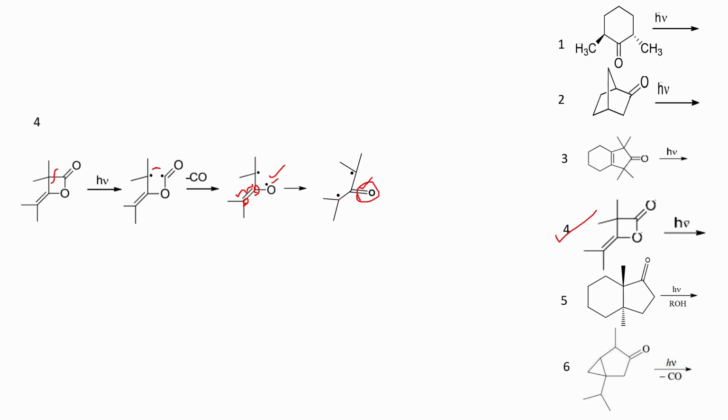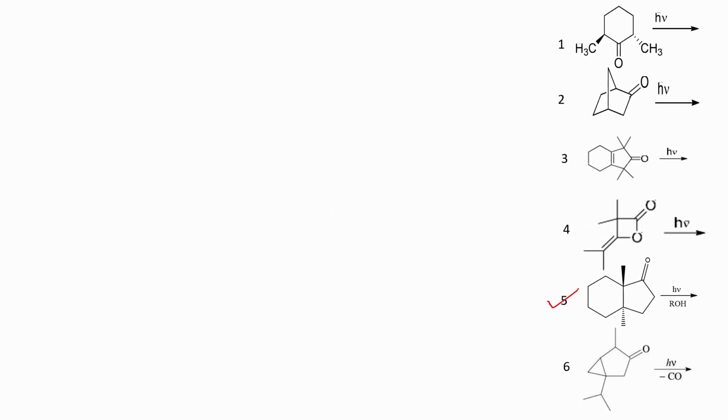Then in this biradical there is a possibility of ring closure. After ring closing you will get a cyclopropanone derivative by this photolysis of this compound. Okay. Then take the fifth example.